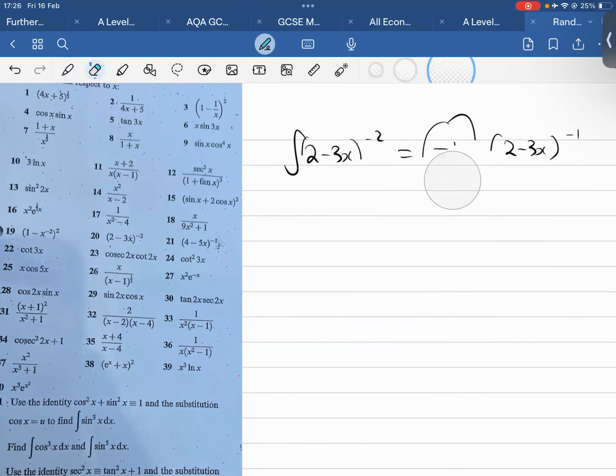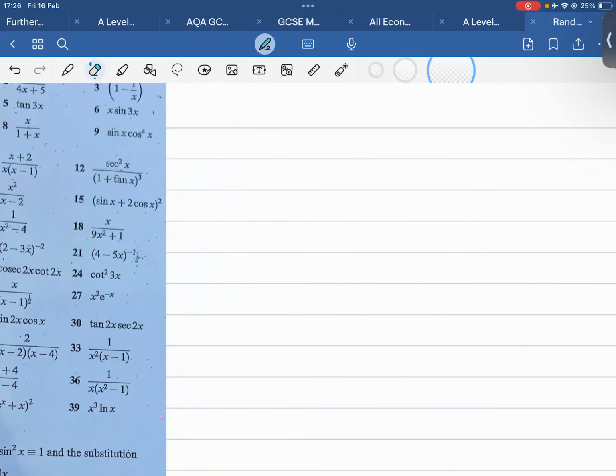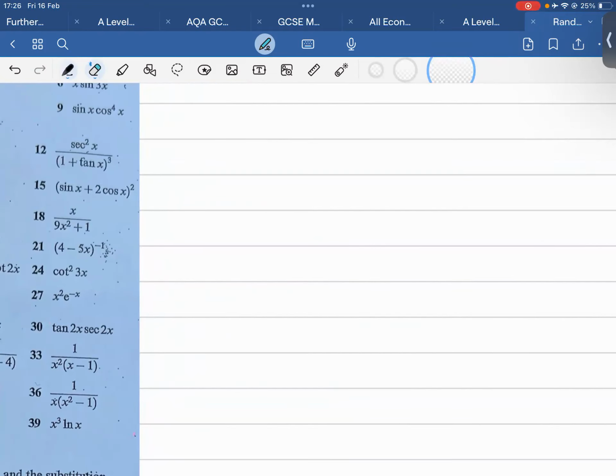Very easy one. We just go through all of these, but we'll go through very fast. 4 minus 5x. You just ln. Write it properly and tell me the exact answer. It's not just ln of 4 minus 5x.